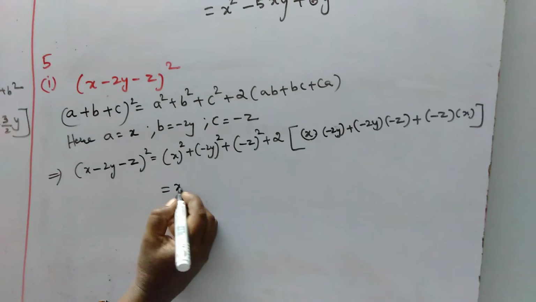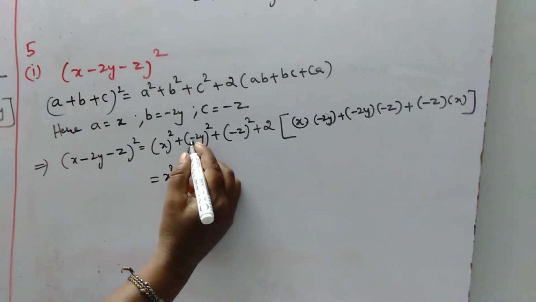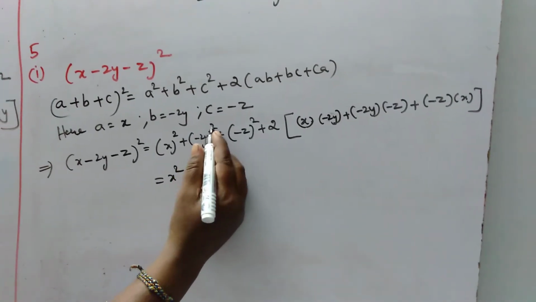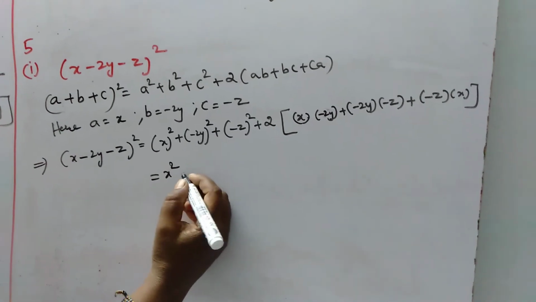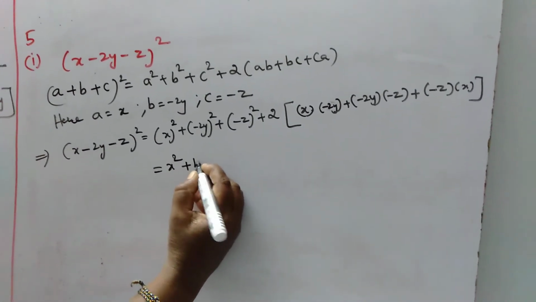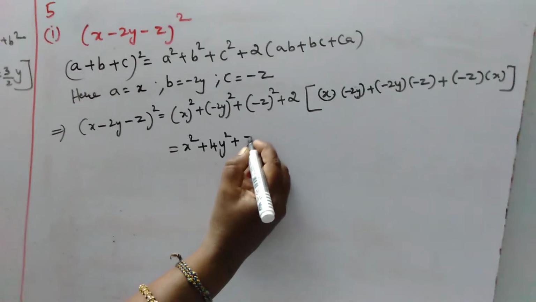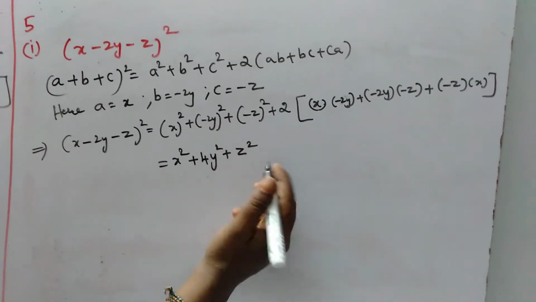So which can be written as x square. If we square this one, this negative will become positive. So 2 square is 4 and y square, so it will become 4y square, then plus z square, because minus square means it will become plus.